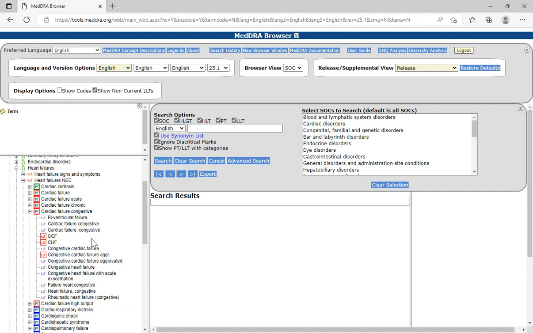I'm kind of stuck, pondering whether there's no worsened, but there is something called congestive cardiac failure aggravated. Now, I'm not too sure if worsened and aggravated are the same thing as far as MedDRA is concerned. So what I can do, as with multiple other concepts within MedDRA, is access a reference from the browser at the top, the MedDRA concept description.